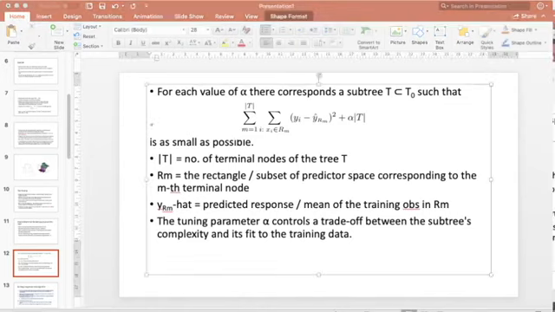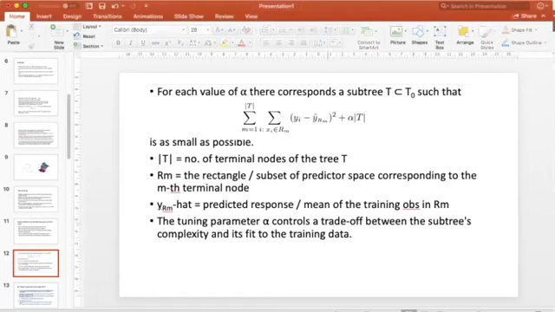In other words, if alpha is equal to 0, then you're going to end up with T naught, because there's only the left part here; on the right-hand side it is 0. But if you try too hard to reduce this residual sum of squares, you're going to end up with a high number of terminal nodes.